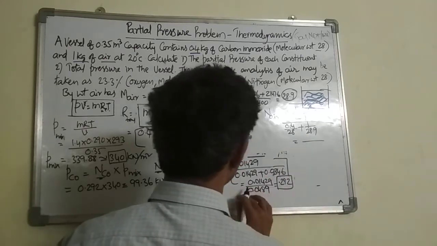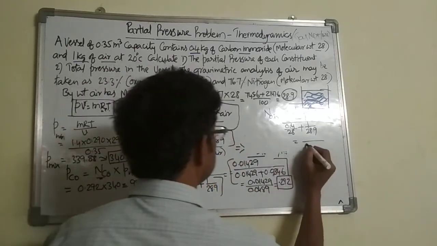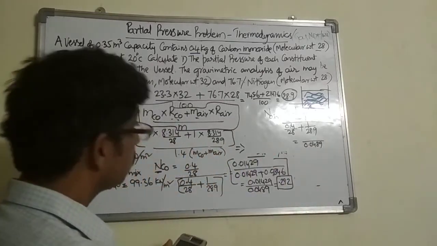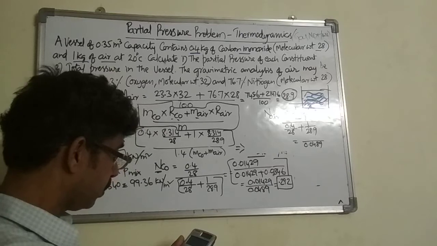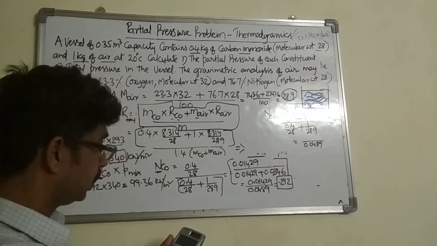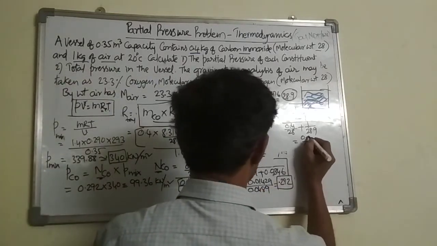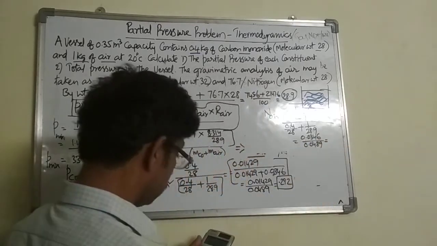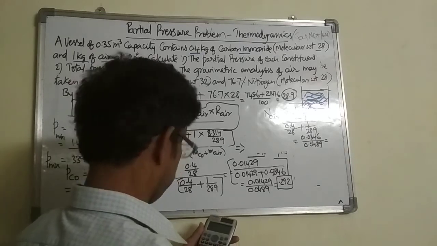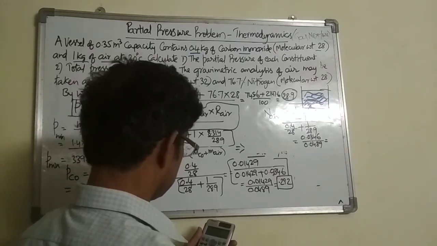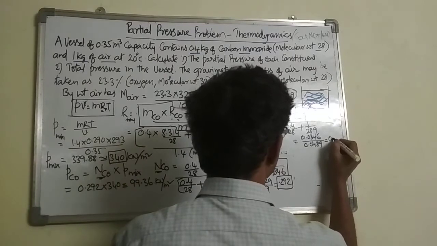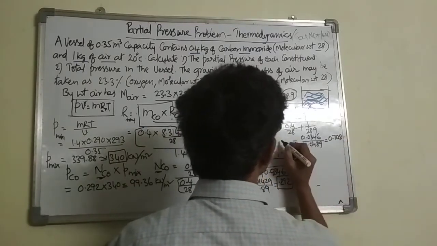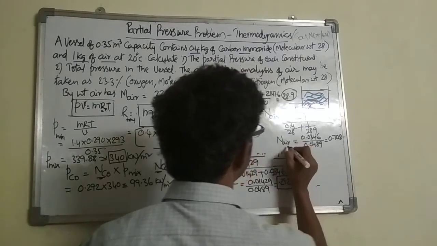So the denominator will become the same thing, that is 0.0489, and the numerator is changing here. So 1 divided by 28.9, that is 0.0346, divided by 0.0489. So it is coming to about 0.708. So this is the mole fraction of air in the mixture.